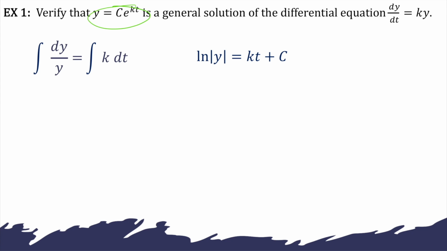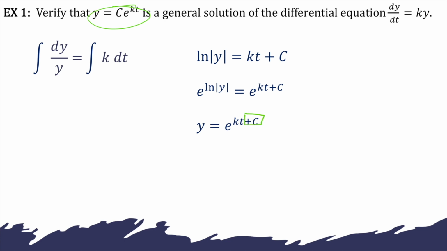So we get the natural log of y equals kt plus c. And in order to get y out of there, we need to exponentiate both sides. So we get y equals e to the kt plus c. Now notice that c is up here in the exponent.